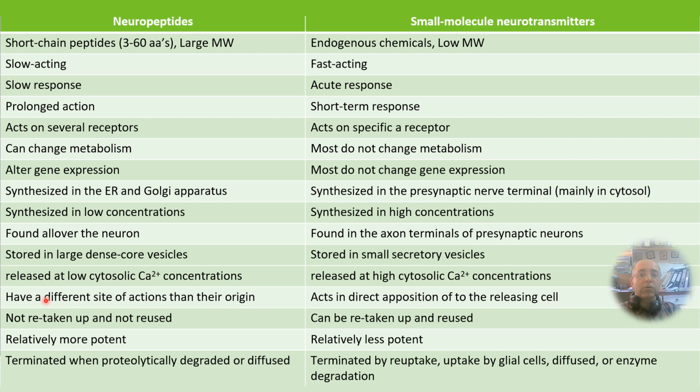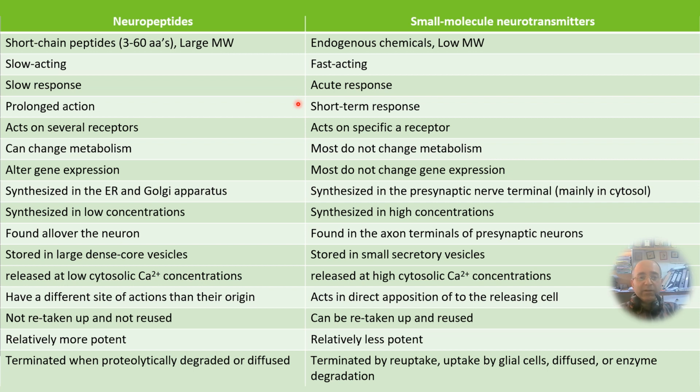Neuropeptides are released at low increase of cytosolic calcium ion concentrations, but small molecule neurotransmitters require higher increase in cytosolic calcium ion concentration. Neuropeptides have different sites of action than their origin, but small molecule neurotransmitters usually act in the vicinity, in the neighborhood of where they are released.